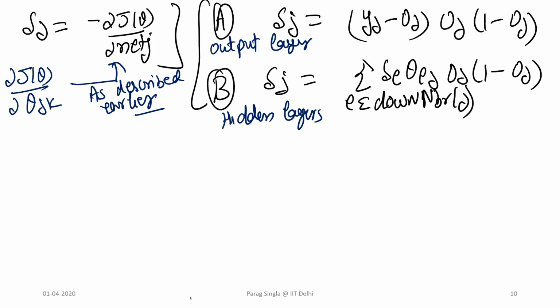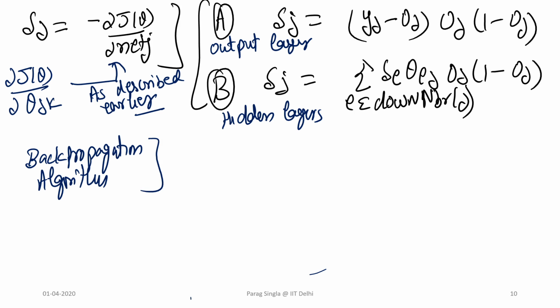So this is sort of the entire computation, if you will, and this can be expressed in terms of the backpropagation algorithm, which is described right here, which will proceed in some sense layer by layer.